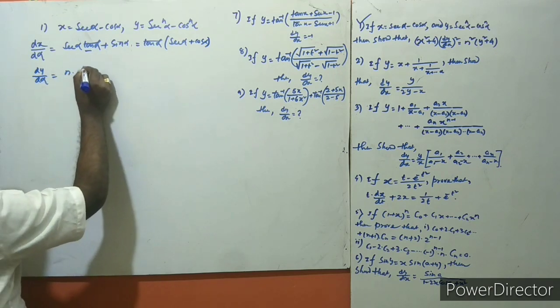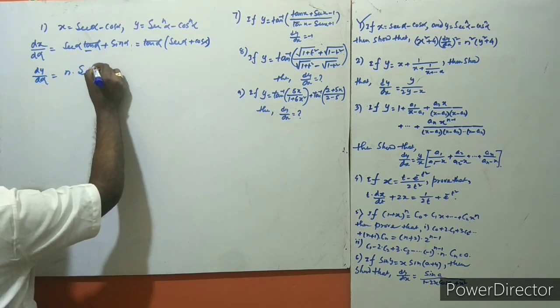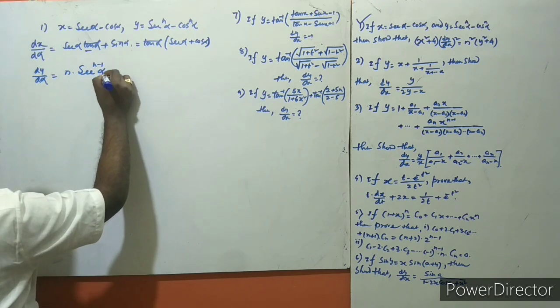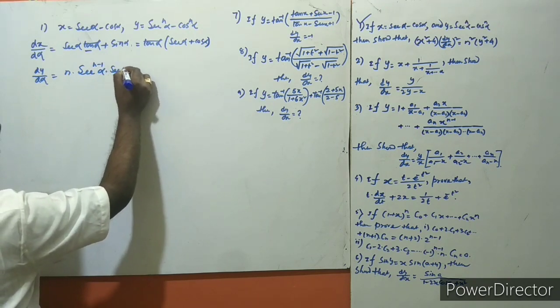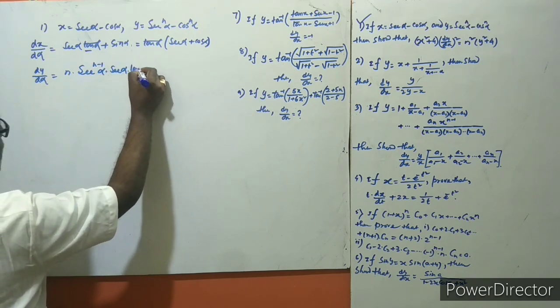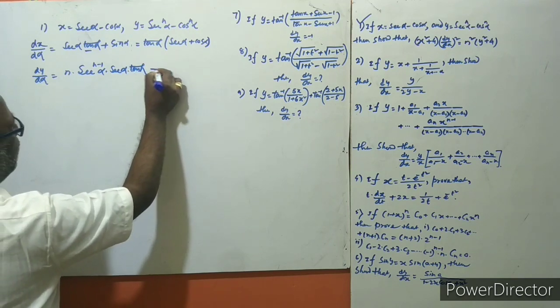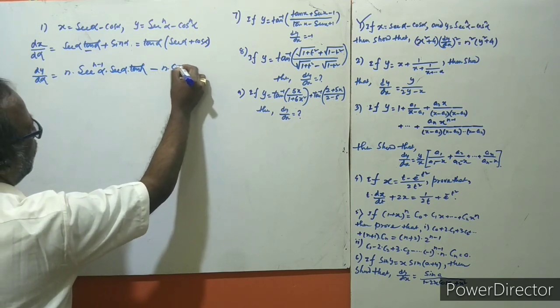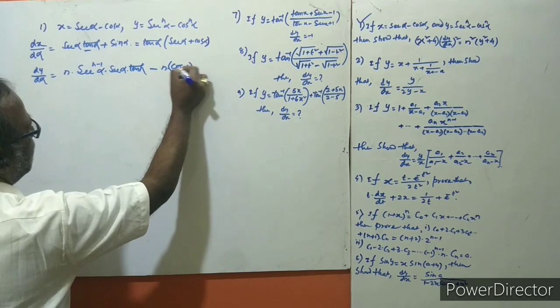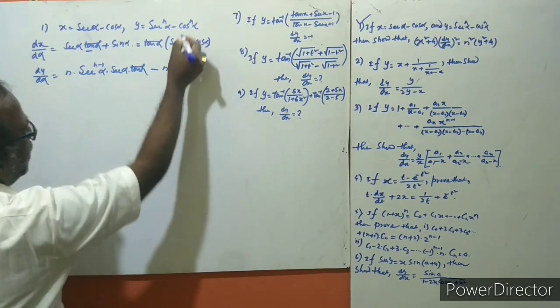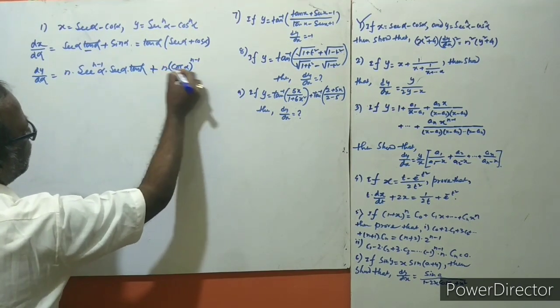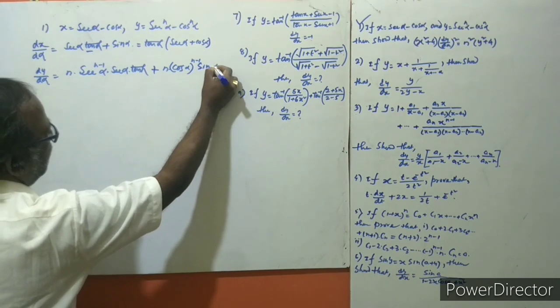That is n into sec to the power n alpha into sec alpha tan alpha, and again n into cos alpha to the power n minus 1, and differentiation of cos alpha, that is minus sin alpha.